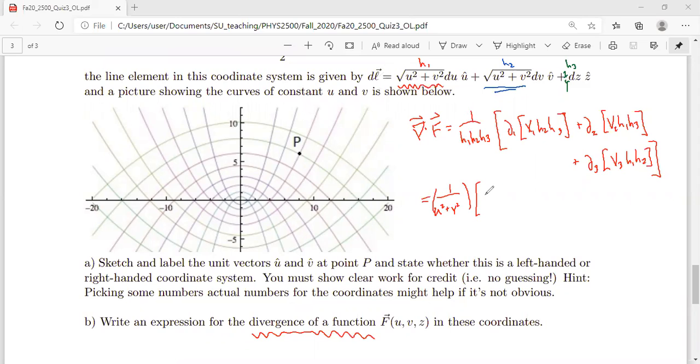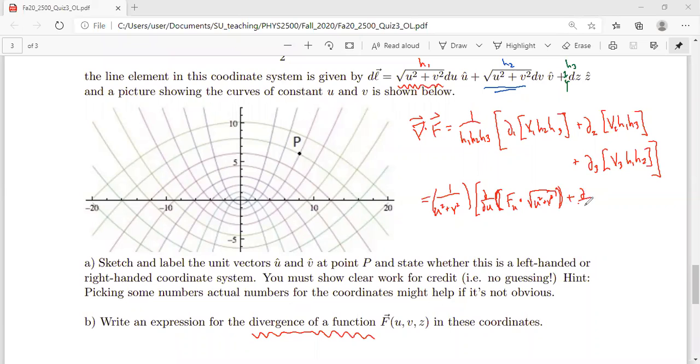And then d by du, u component times scale factor 2 times scale factor 3, which is square root of u squared plus v squared. We should probably use parentheses for these to be more clear.